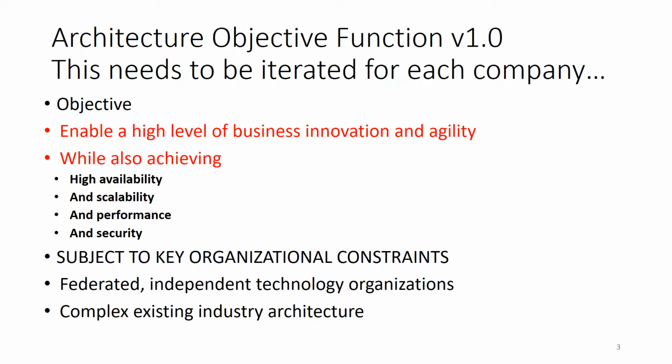Unfortunately, you have to do that while also achieving high availability, scalability, performance, and security, especially true in internet-based businesses. And you have to be subject to key organizational constraints. For example, in most large corporations, you're looking at federated independent technology organizations, and very complex industry and technology architectures within the organization itself.